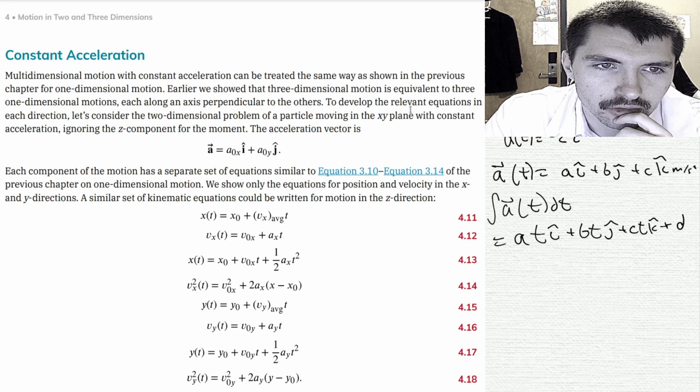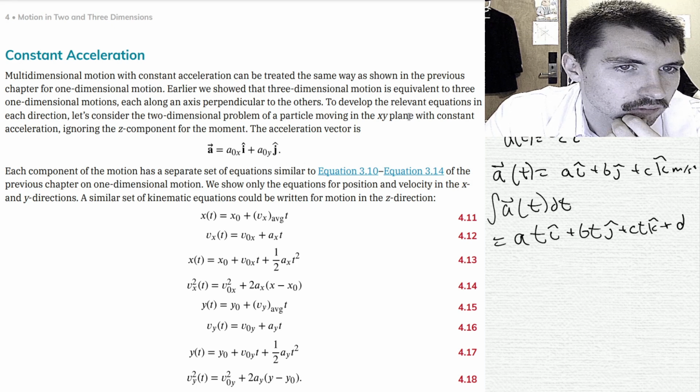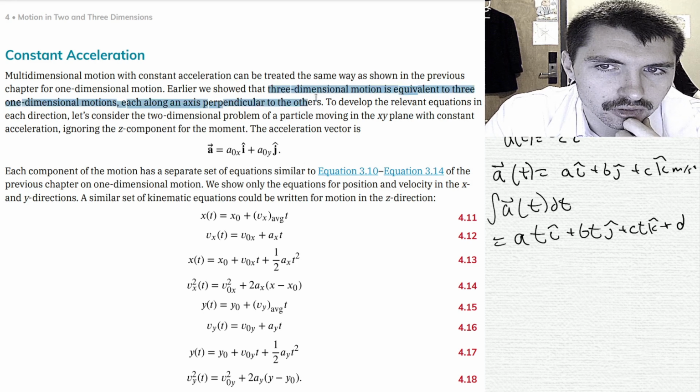It's multi-dimensional motion. Three-dimensional motion is equal to three one-dimensional motions.